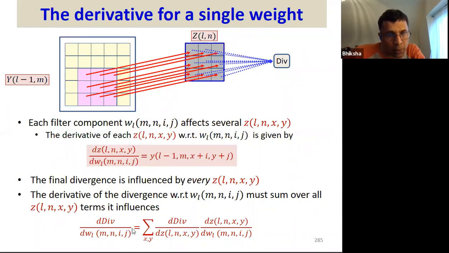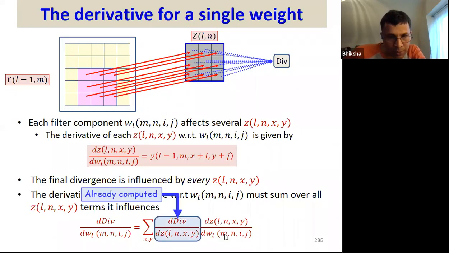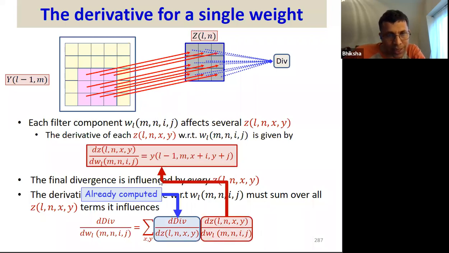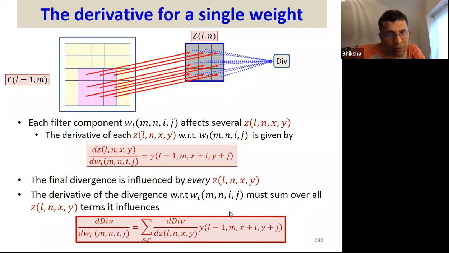So you would have to sum over all of the elements of the affine map, the derivative of the divergence with respect to that affine map element times the derivative of the affine map element with respect to w. This we have going backwards, and this second term is just this y term as we just saw. And so the overall formula for the derivative of the divergence with respect to every element in the filter is simply given by this kind of ugly looking formula over here.